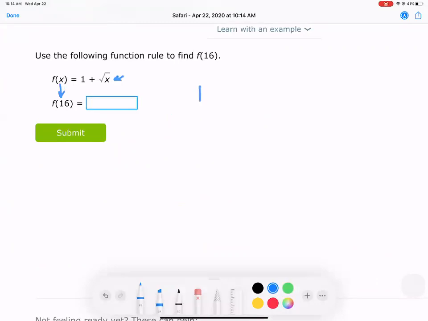Showing work, f of 16 is really 1 plus, instead of writing x, I'm going to write the number 16. The square root of 16 is simply 4, and 4 plus 1 is 5.